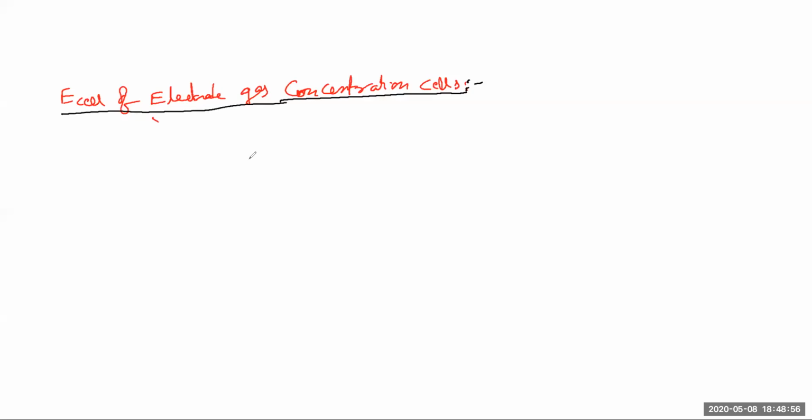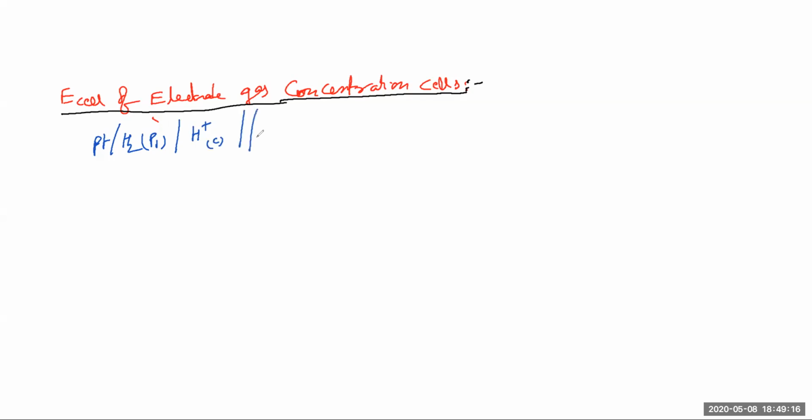Say for example, platinum electrode, H2 gas pressure P1 and H plus. H plus is the concentration ion, no?